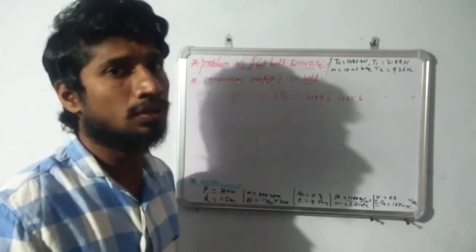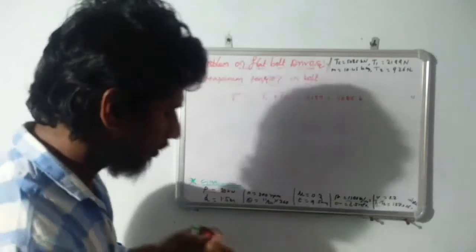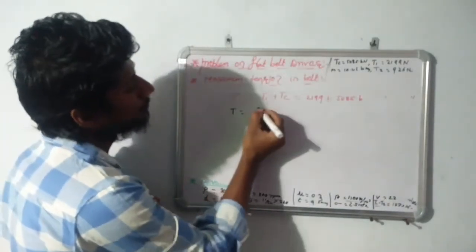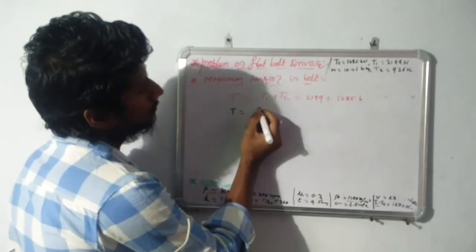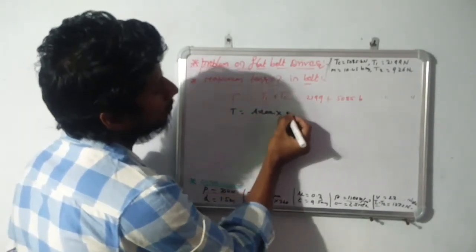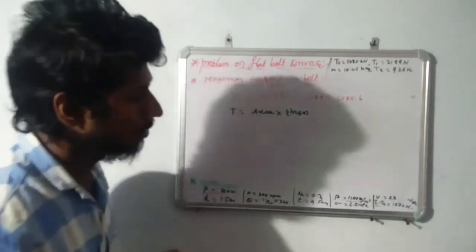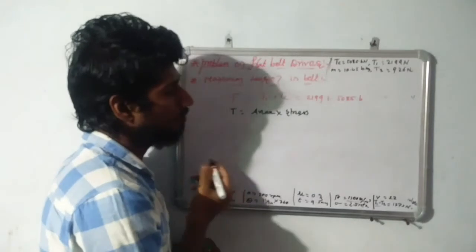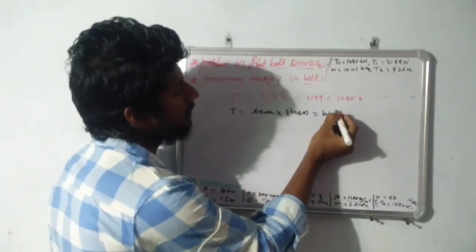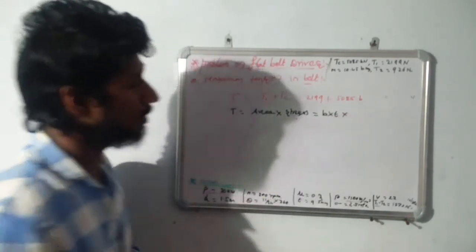This is one form to find the maximum tension in the belt. Here we have one more method to find the maximum tension in the belt, the other form. T is equal to the area of the belt into the allowable stress. Here the area is B into T, into the stress.